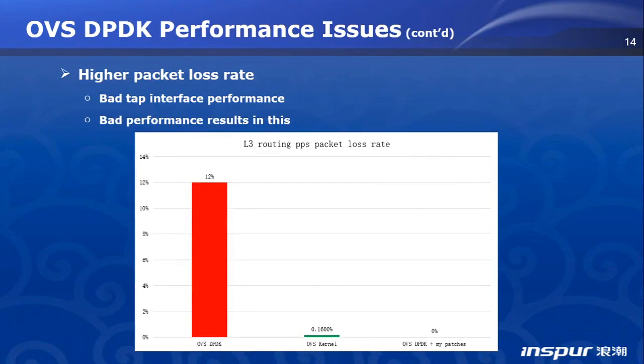Here you can see the current OVS-DPDK community version has a very high packet loss rate for 16 bytes UDP packets.